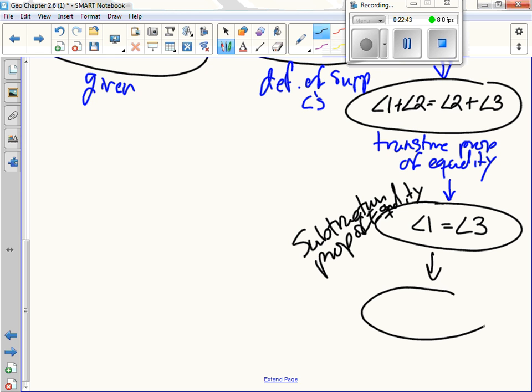So last but not least, angle 1 is congruent to angle 3 by definition of what? Congruency.